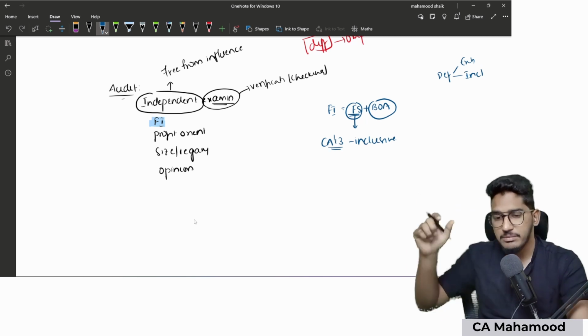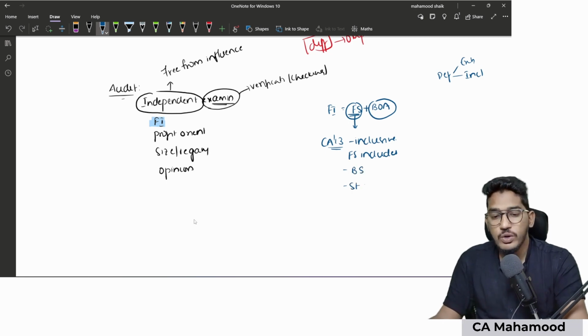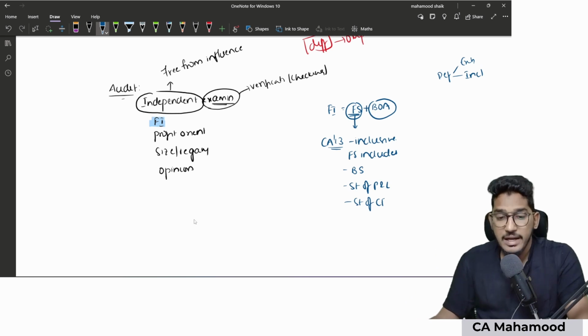So it starts something like this. They say, as per Companies Act 2013, financial statements include the following items. Which are they? Number one, it includes balance sheet. Number two, it includes statement of P&L. Number three, it includes the statement of cash flow, or simply in our common terminology, we call it a cash flow statement. It includes statement of changes in equity.